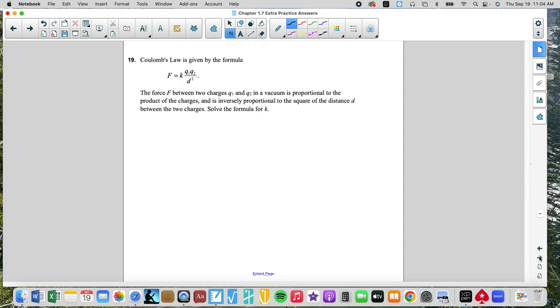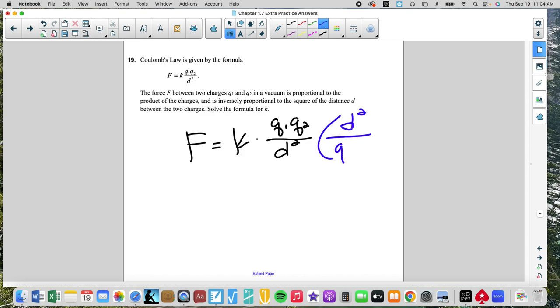So you have this, you don't have to necessarily understand what's going on in the problem or the formula. You just know that you want to solve for k, which is kind of easy because k is being multiplied by q sub 1 times q sub 2 over d squared. So I just got to multiply by the reciprocal, d squared over q sub 1 times q sub 2.